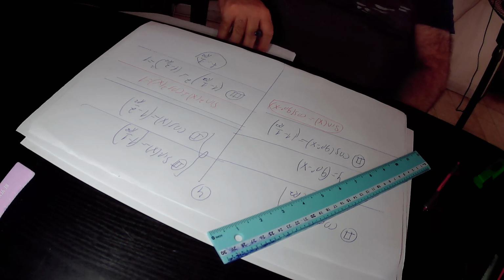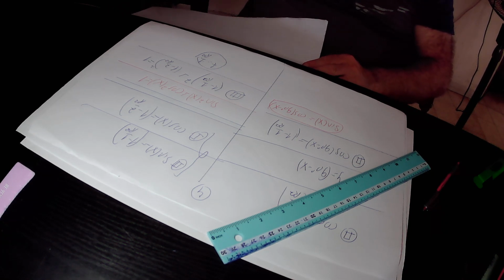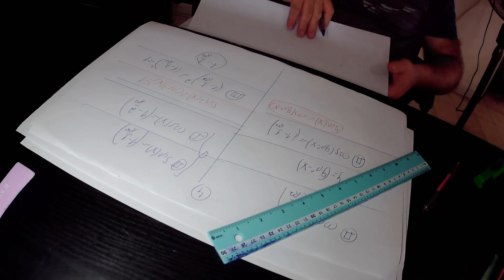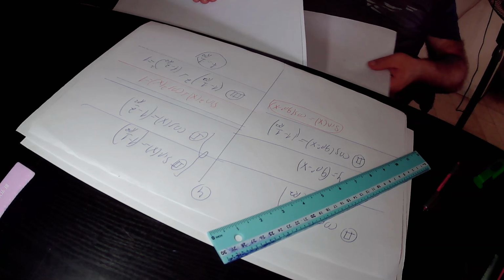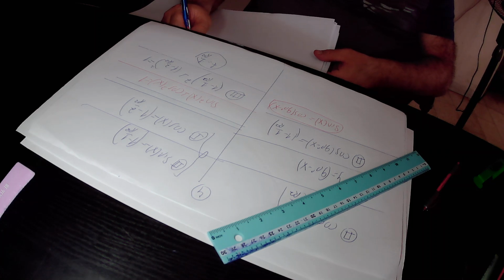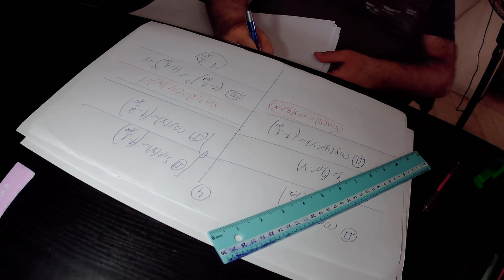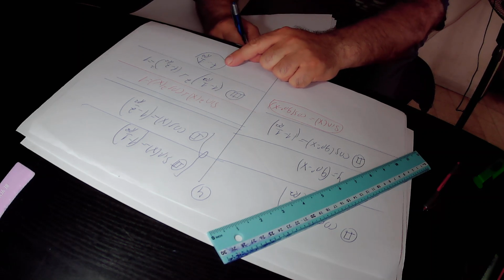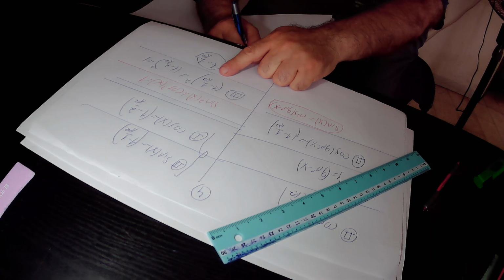We do it now, and we get that according to equation 3, we have 1 minus 1 over r squared. 1 over r squared is t, so we substitute 1 over r squared by t. So in total this expression will be equal to 1 minus t squared.